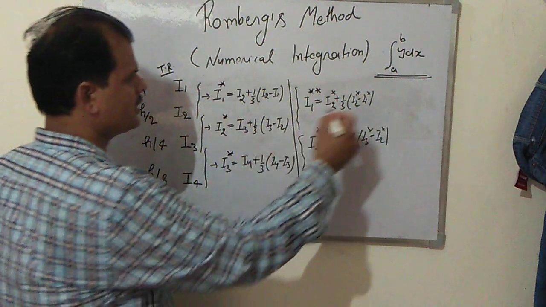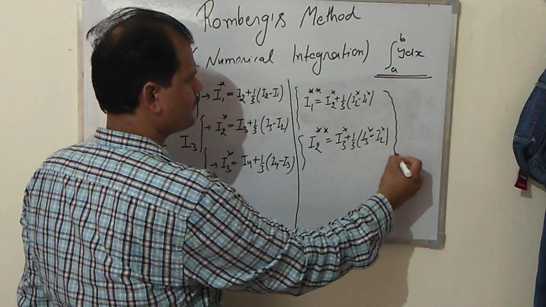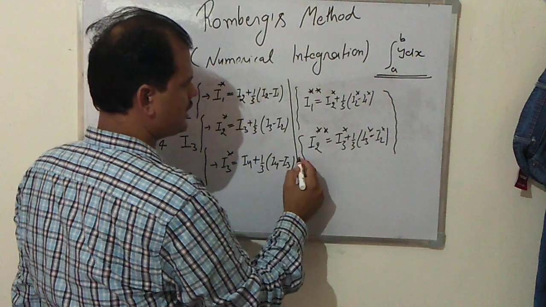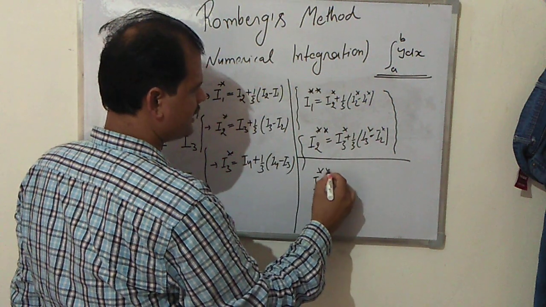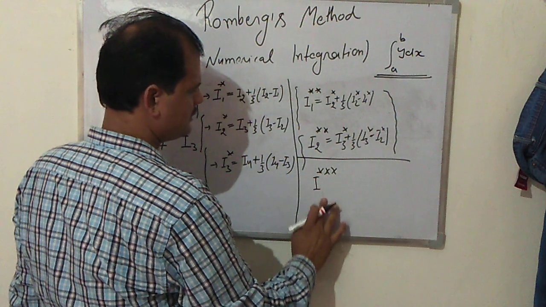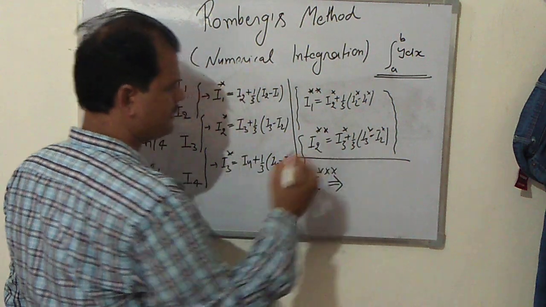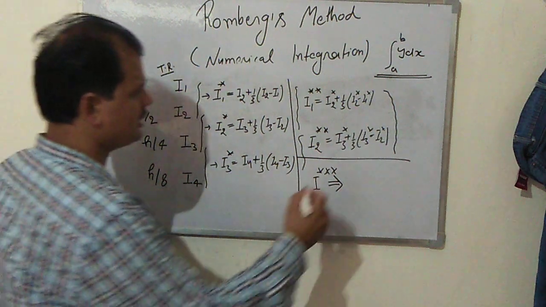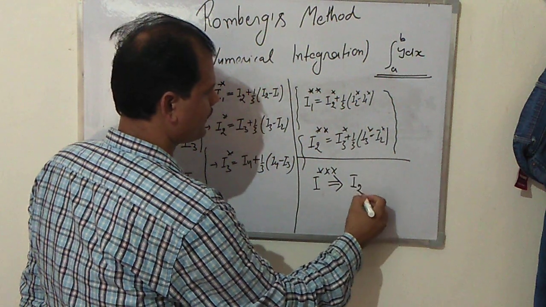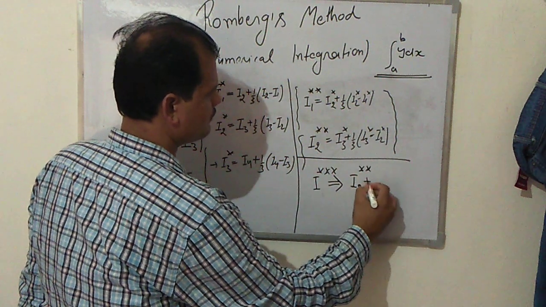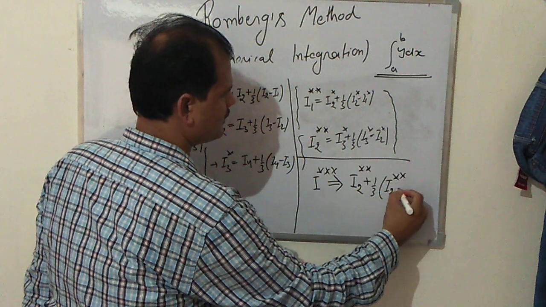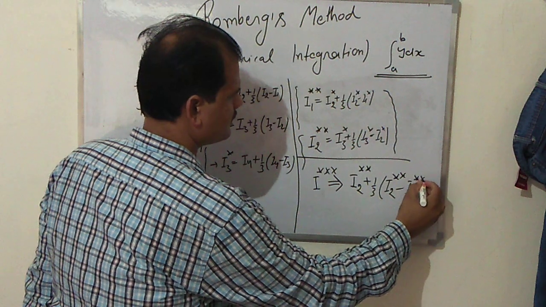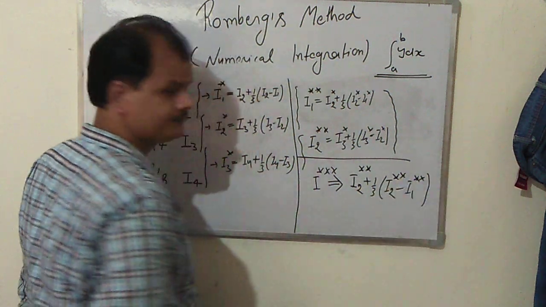Now the last step: using I1 double star and I2 double star, we can get I triple star. This will be nothing but I2 double star plus 1/3 of (I2 double star minus I1 double star).